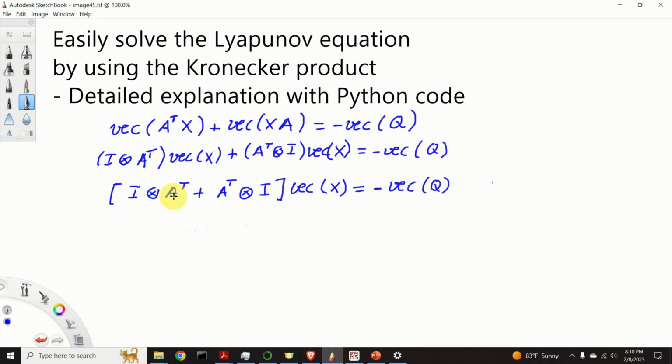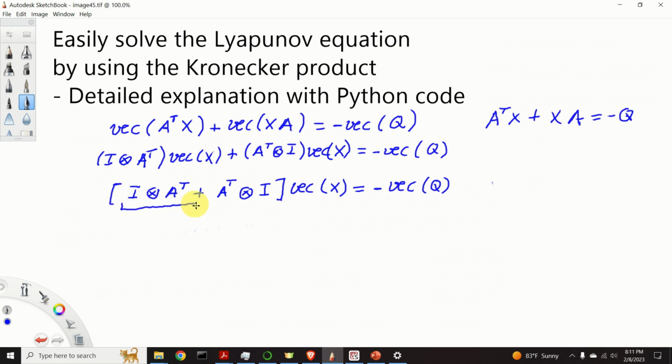Consequently, we have written our original Lyapunov equation that looks like this, A transpose x plus xa is equal to minus q, in the standard form of linear equations.